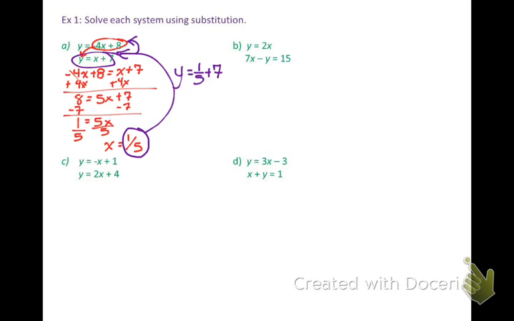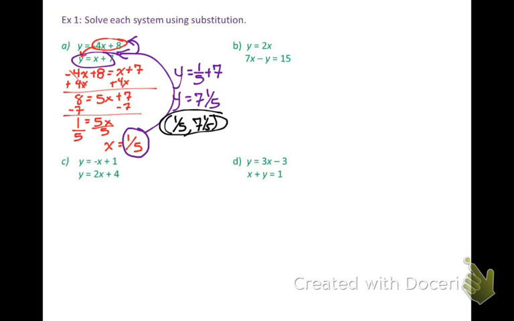So 7 plus 1/5 equals 7 1/5. Now, if I wrote a coordinate with it, x goes first, if you remember, and that would be 1/5. And then y, so 7 1/5. And there's your answer.